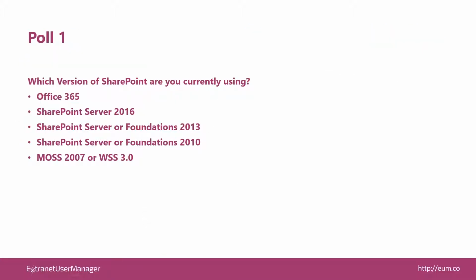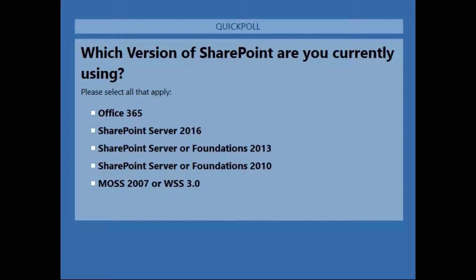Now, before I get into the presentation itself, it's always helpful for me as a presenter. I know it's not a two-way vehicle for the most part as a webinar, but I'd like to do a couple of little polls here and just get a sense of the attendees. The first poll is to get a sense of if you're using SharePoint today, and I'm assuming you probably are, because Extranet Publisher is all about taking content from SharePoint and publishing it out into Azure websites, IIS websites, and such from there.